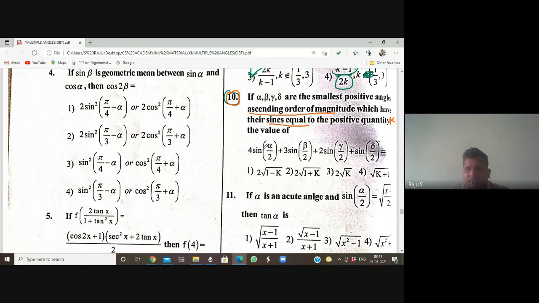Then the value of, we need to find this value in terms of k.